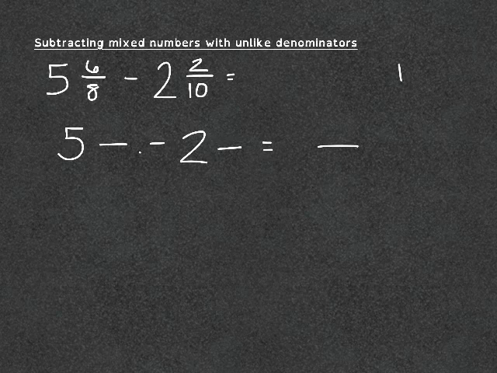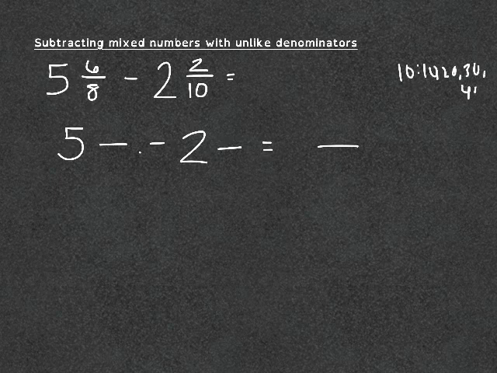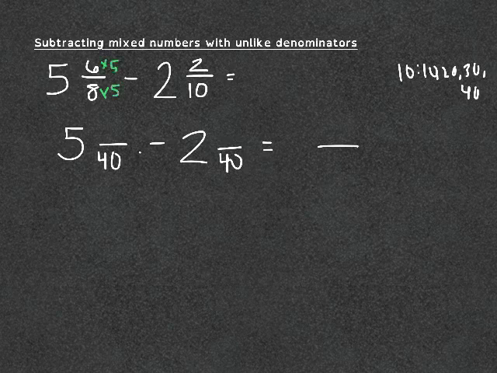If I start skip counting by tens, 10, 20, 30, 40, I can realize right away that both 8 and 10 can get to 40. Eight times what gets me to 40? 5. 6 times 5 is 30. 10 times 4 gives me 40, so 2 times 4 is 8.